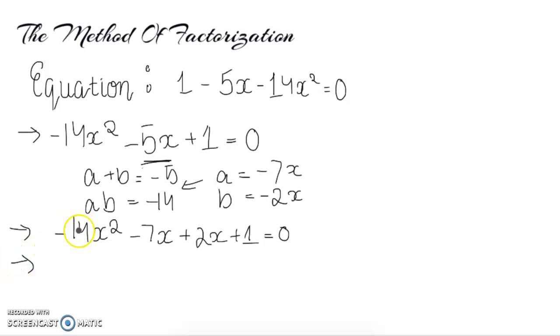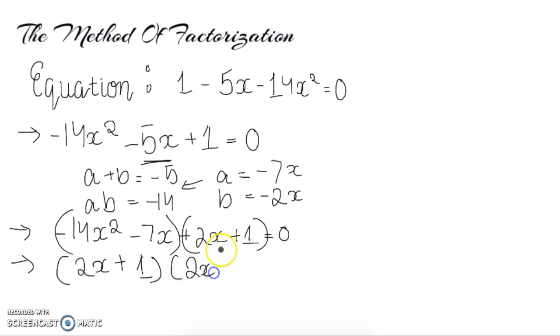I'm going to group minus 14x squared and minus 7x, and group 2x plus 1 together. We can't reduce 2x plus 1, but we can reduce minus 14x squared minus 7x. When I reduce this, I get 2x plus 1 times minus 7x plus 1 is equal to 0.